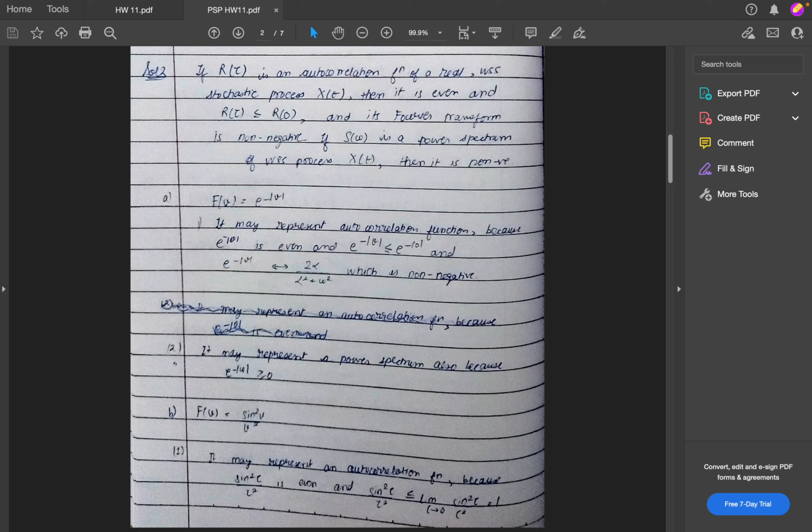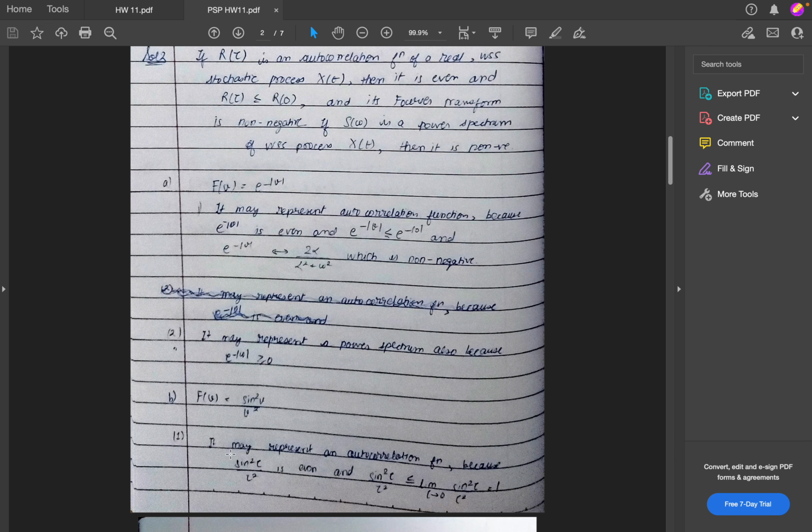Now moving on to the second part, f of v is given as sine square v by v square, and if we see, this is an even function. If we replace v with minus v, it's sine square v by v square again, so it's an even function.